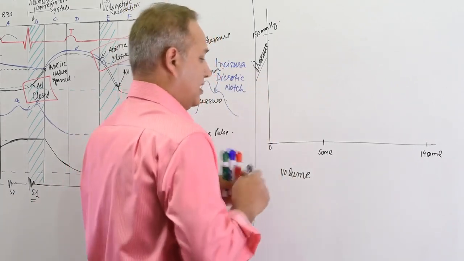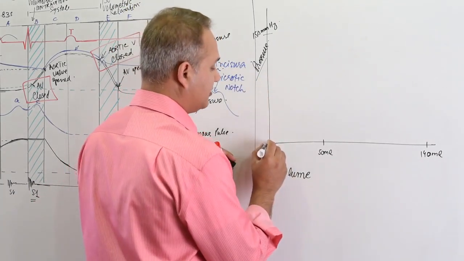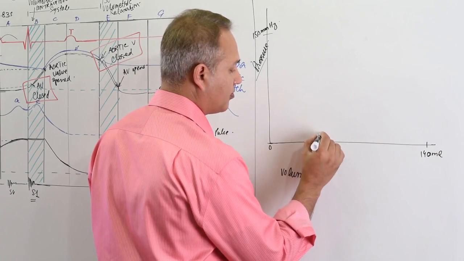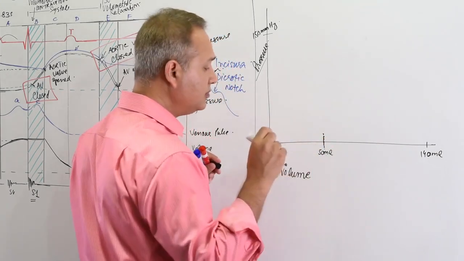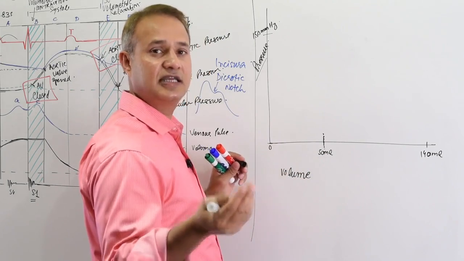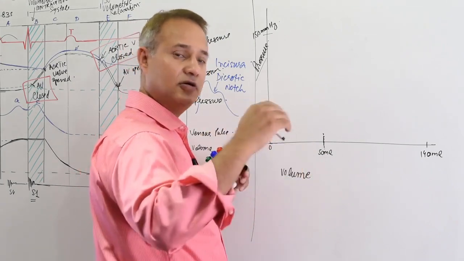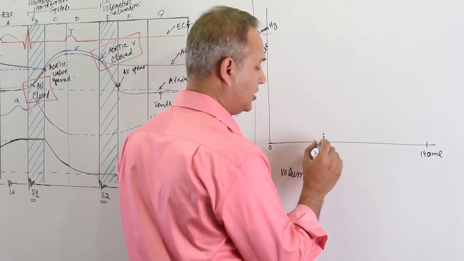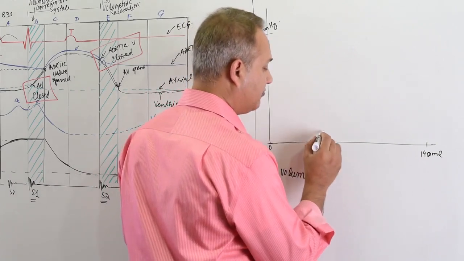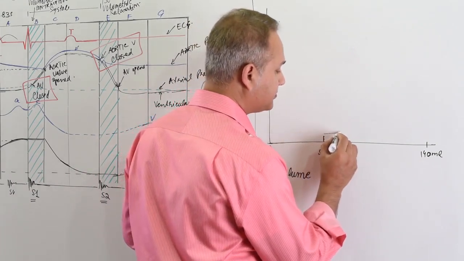So let's see. Pressure in the ventricle is 0, volume in the ventricle is 50. This is the end systolic volume, the volume that is present in the ventricle, and the ventricle starts filling.